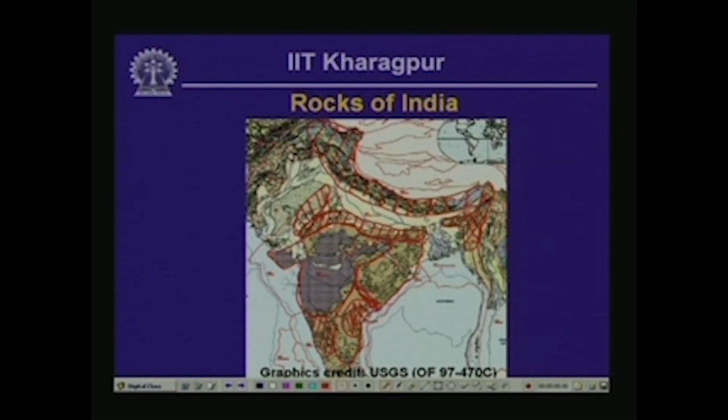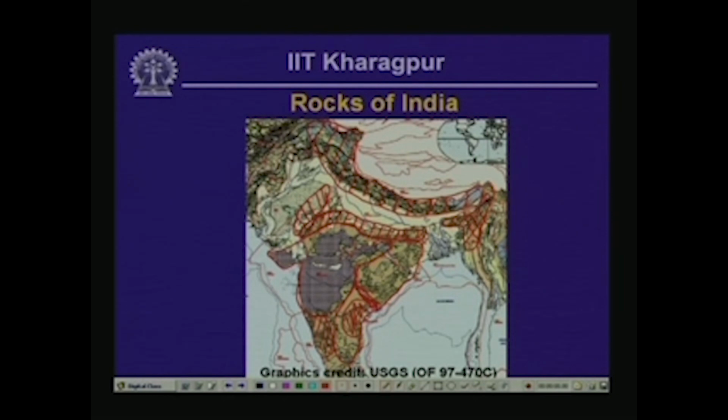In the Vindhyas we find mainly sedimentary rocks. On the northwest part of the Deccan Plateau, mostly basaltic rocks are found. On the eastern Ghats, mostly granite and gneisses.